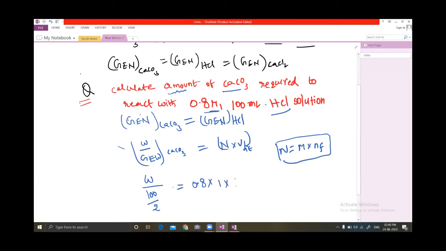How much, sir? 100 ml. If you convert into liters, divide by 1000. I hope you know that. 1 liter equals 1000 ml. Then 100 ml equals how many liters? You can convert. We get x equals 100 by 1000.